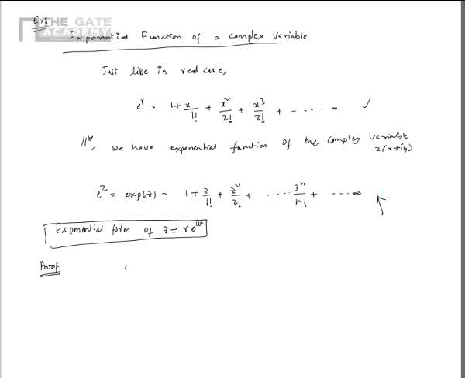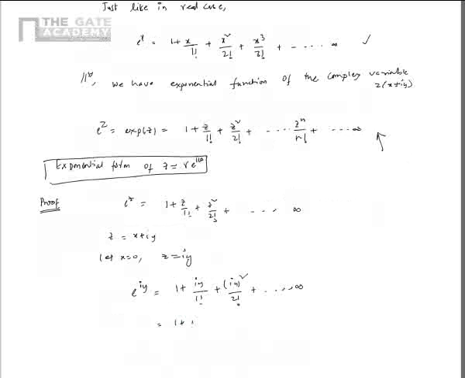So let's see. e power z is 1 plus z by 1 factorial plus z square by 2 factorial, so on till infinity. If I substitute z as x plus iy, let x be 0, so z becomes iy. So e power iy will be 1 plus iy by 1 factorial plus (iy) whole square by 2 factorial, so on till infinity. So 1 plus iy, i square is minus, so y square by 2 factorial, so on.